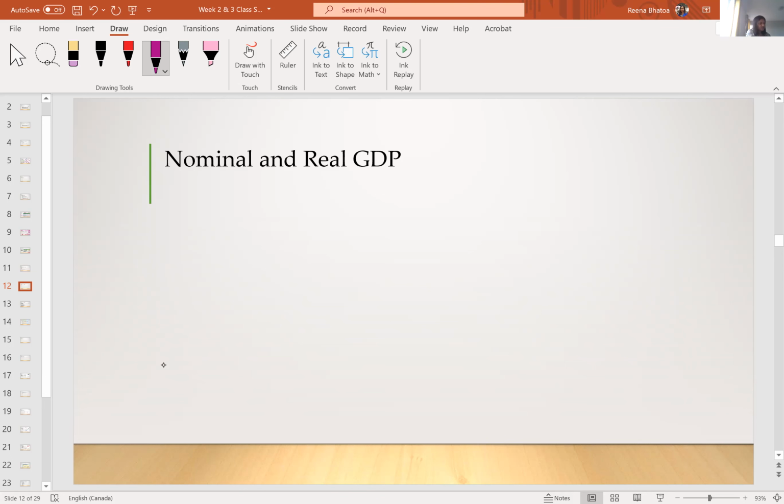If I give you an example, let's say in 2020, in an economy, they were making, let's say, shirts. That was an easy example. In 2020, if they made, let's say, 20 shirts, and the price of a shirt is, let's say, $10, right?